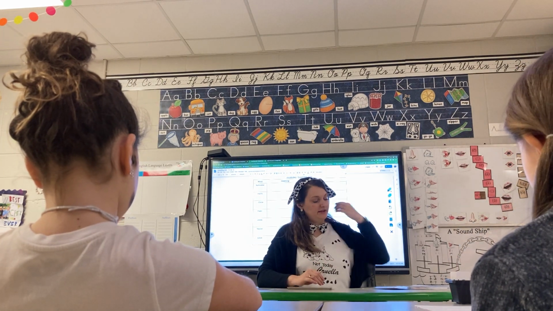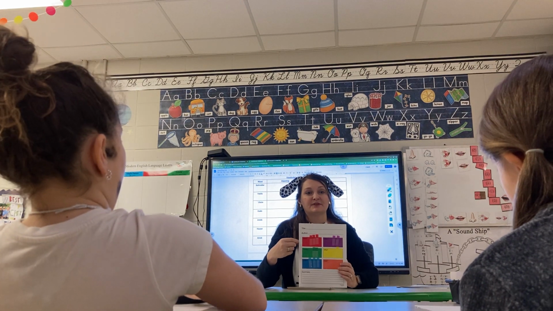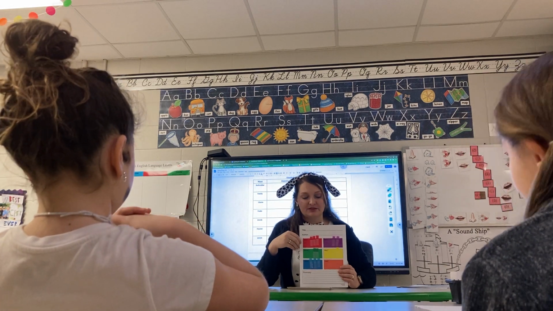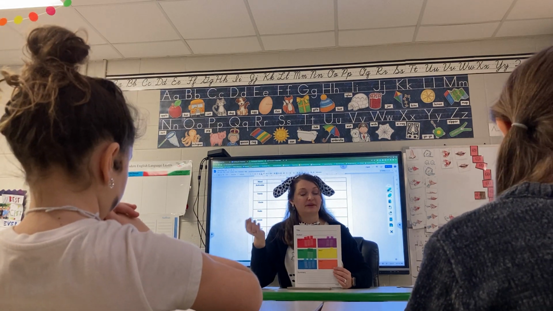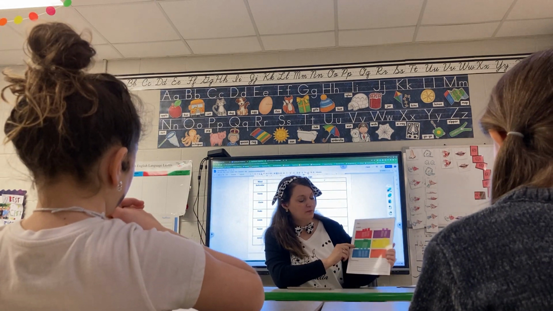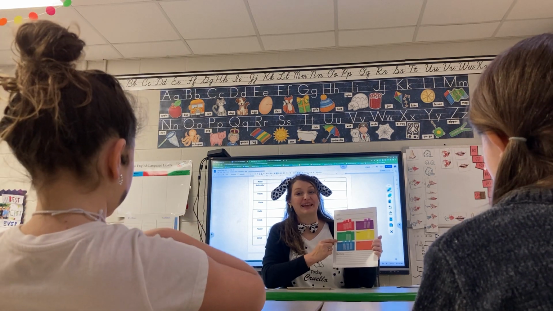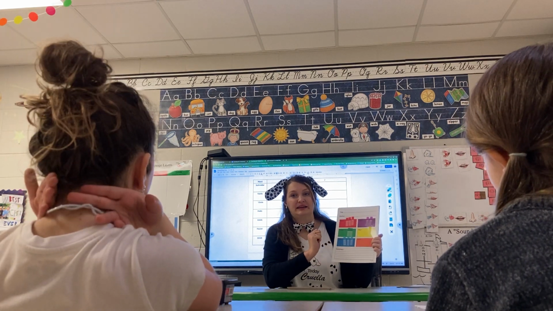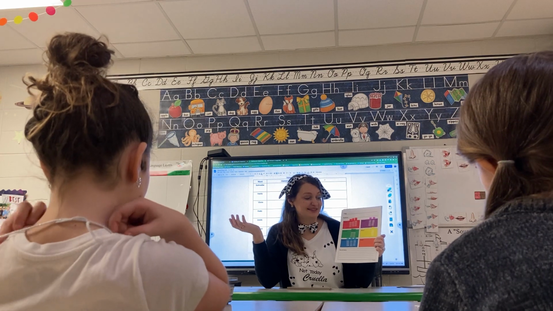We've been talking about inferencing, but before we do that, our WH chart. The who stands for the person or the characters in the story. The what is what happened, the problem. The where is the place that it takes place. The why is why things happen.